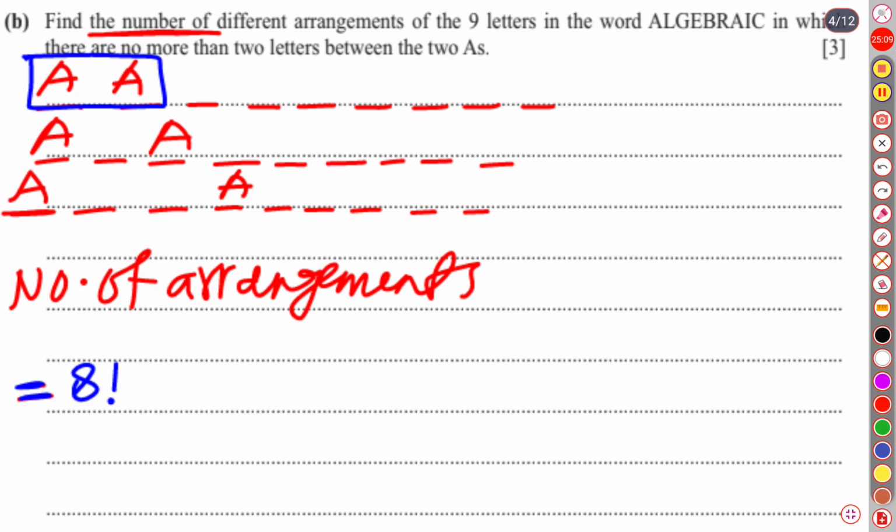Then the second possible case, plus, suppose there is one letter in between the A's. Total there are 8 remaining letters except the A's. Sorry, not 8, it will be 7 letters. If the two A's go away, then there are 7 letters which can interchange their positions among themselves. After that, such a box, there is one letter in between the A's.